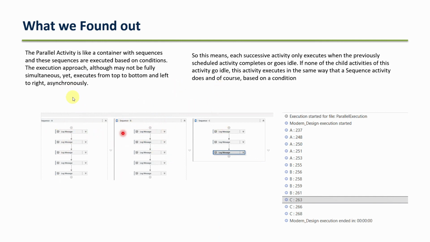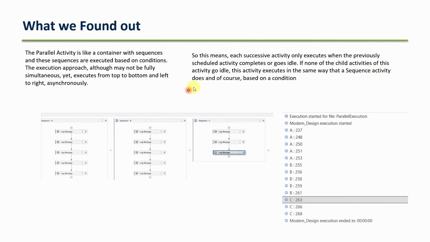Not all the parallel executions start at once, right? Each successive activity only executes when the previously scheduled activity completes or goes idle. So if it executes successfully, it completes A, then goes to B, and then goes to C. In case there was a delay or some idle, then it shifted to B, and then here also shifted to C, right?